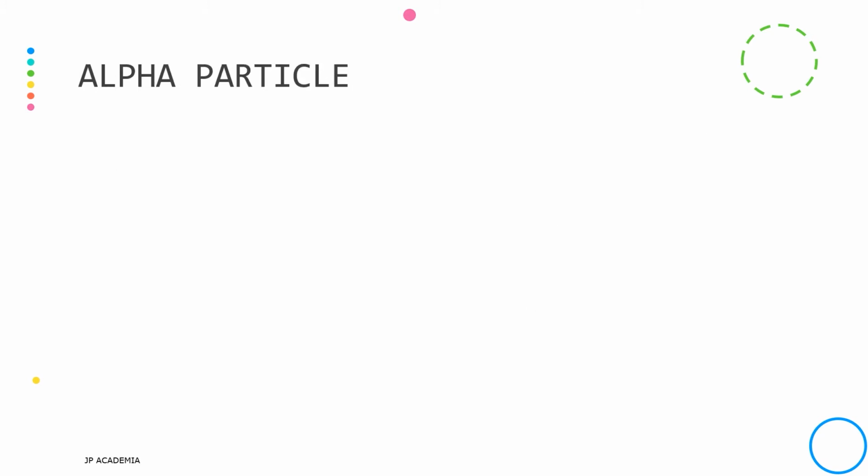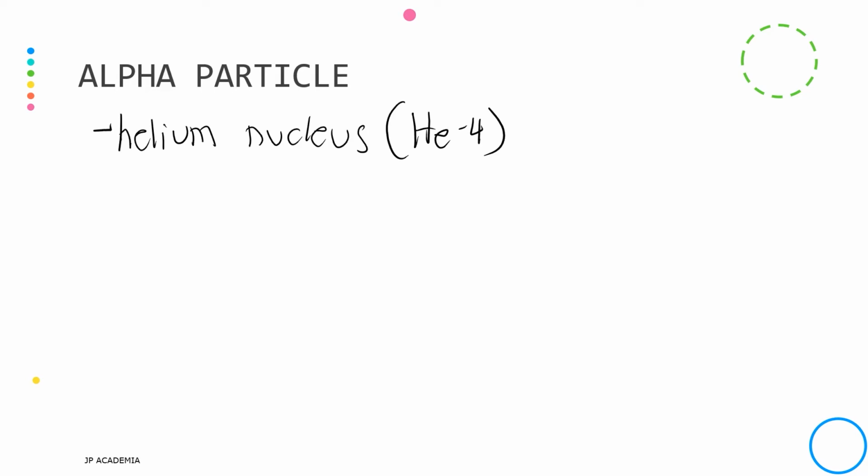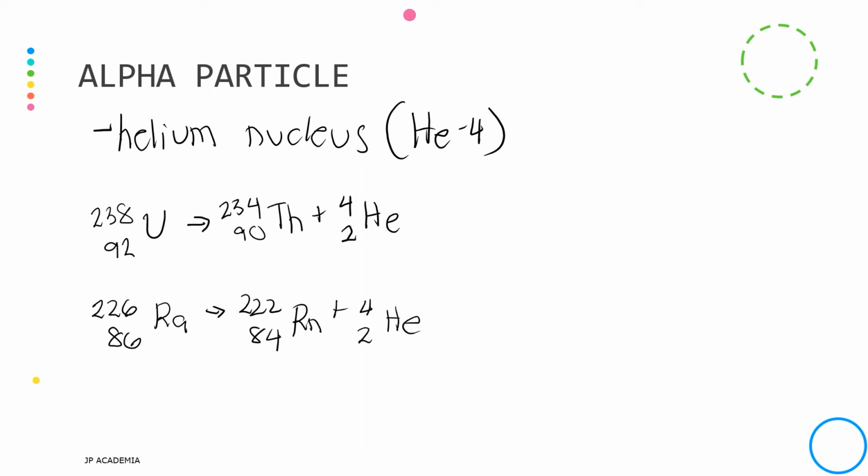The first decay is alpha decay. An alpha particle is emitted, and that is just a helium nucleus, so He-4. The atomic number is reduced by 2, and the mass number is reduced by 4 when an alpha particle is emitted. Examples are uranium-238 and radium-226, as shown here.